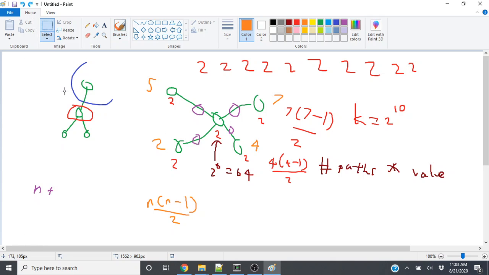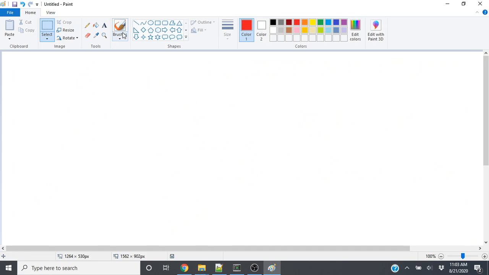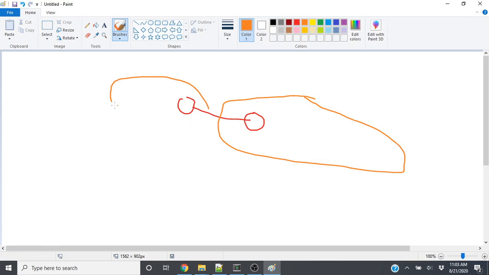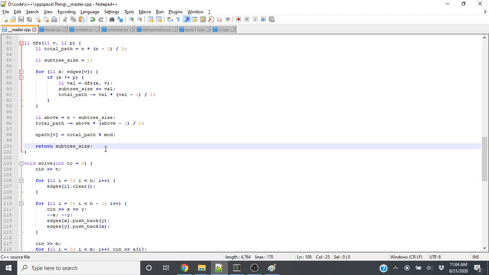First of all, takeaway, don't misread problems. And the number of paths that don't go through an edge is the same formula, n choose 2 here and n choose 2 here, where n is the subtree size of each side. So this is actually very simple.